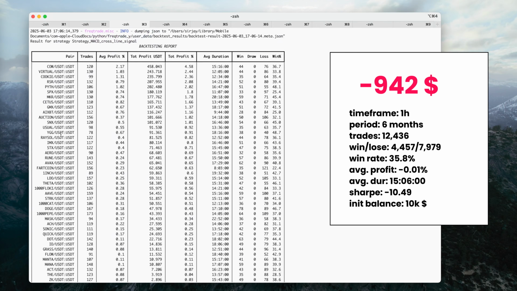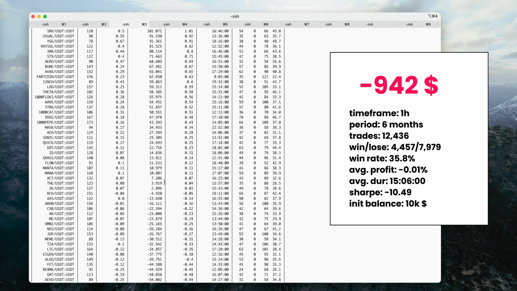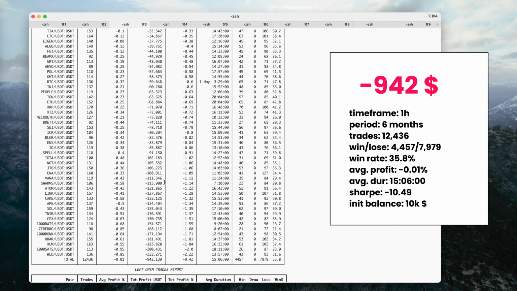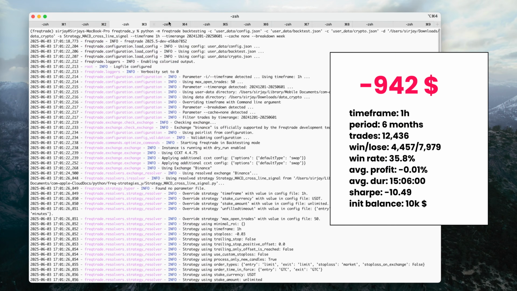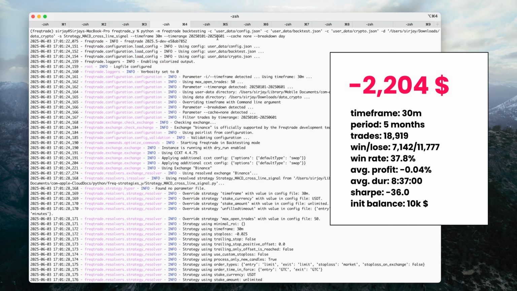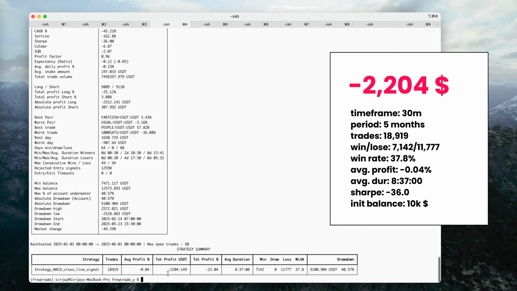In the backtesting report we also get some profitable coins, but most of them are negative. All right, 30 minutes I tested for the last 5 months. Here we also get minus 2,000. Okay, low win rate. Here is also negative.